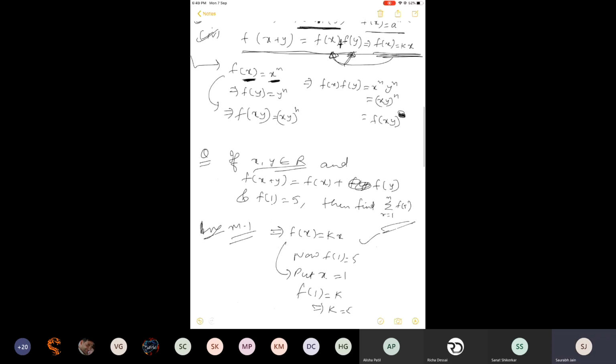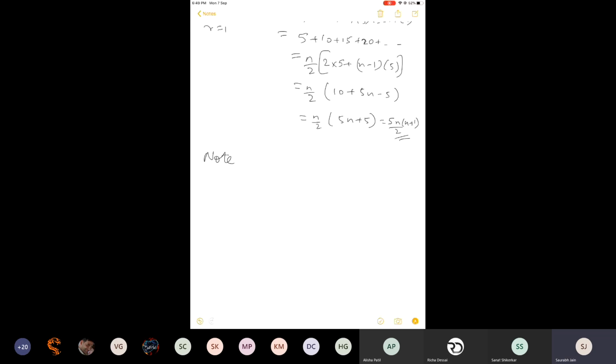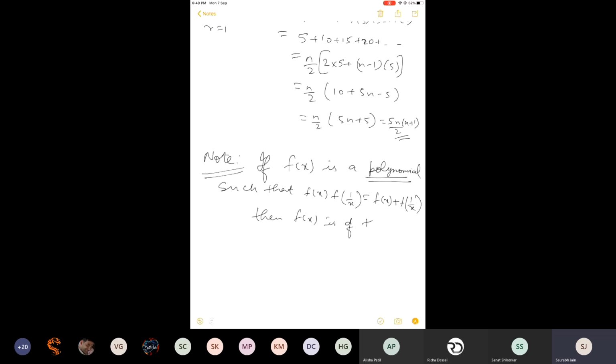regarding functional equation is this: if f(x) is a polynomial such that f(x) into f(1/x) equals f(x) plus f(1/x), remember this, then f(x) is of the form 1 plus or minus x to the power n.